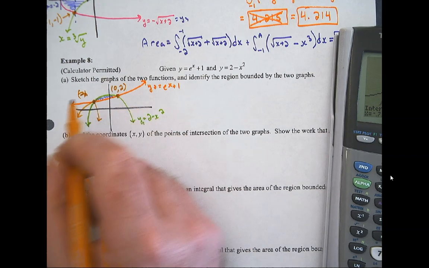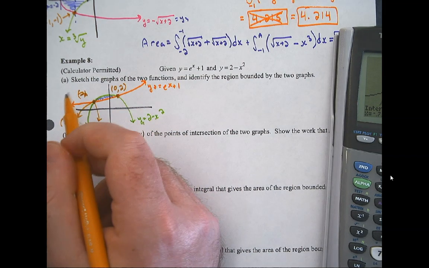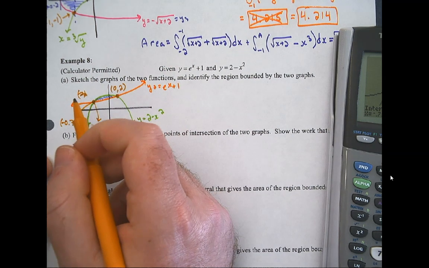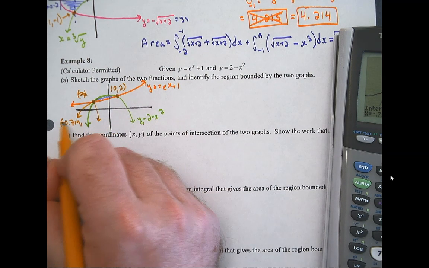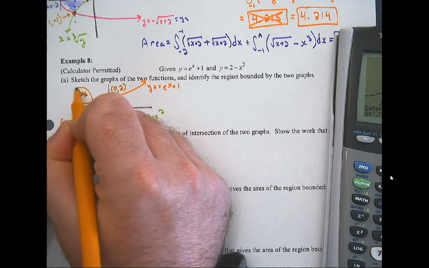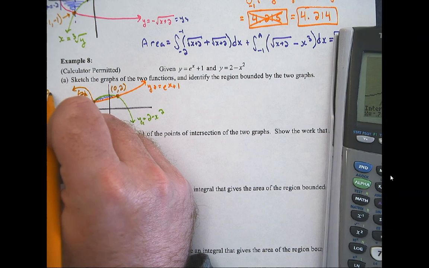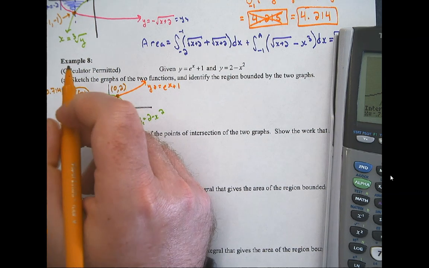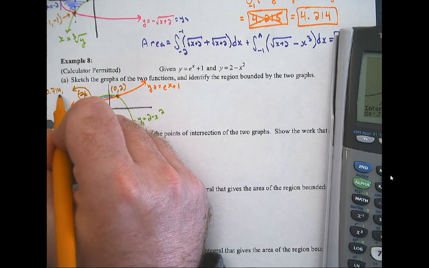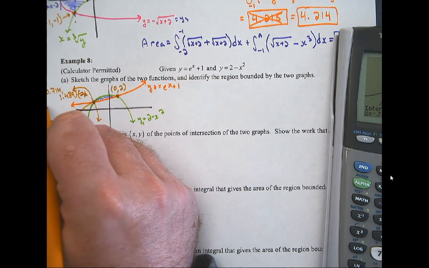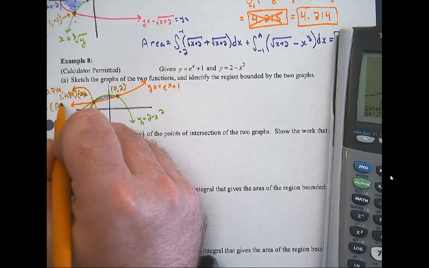Let's go over here. -0.714, comma 1.48. This isn't working. How about over here? -0.714, comma 1.489.